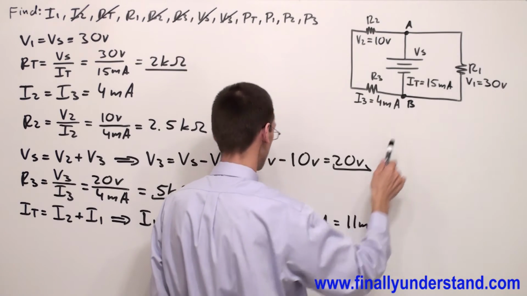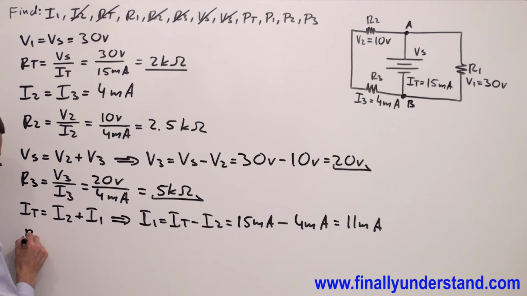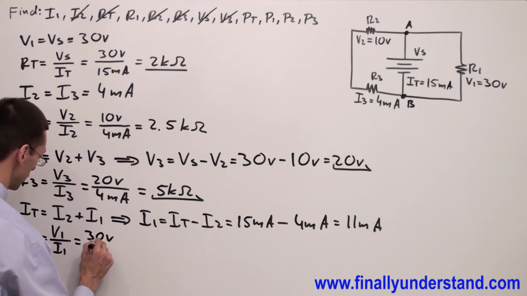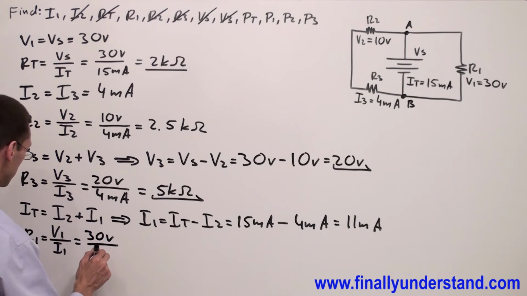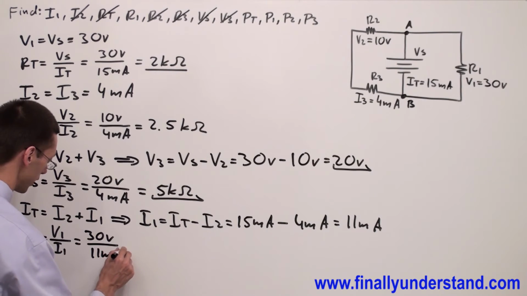So I know the current right now which goes through resistor R1. I know the voltage, so I can find the resistance R1 very easily. R1 is equal to V1, the voltage across resistor R1, over I1, where V1 is 30 volts over I1, which is 11 milliamps.